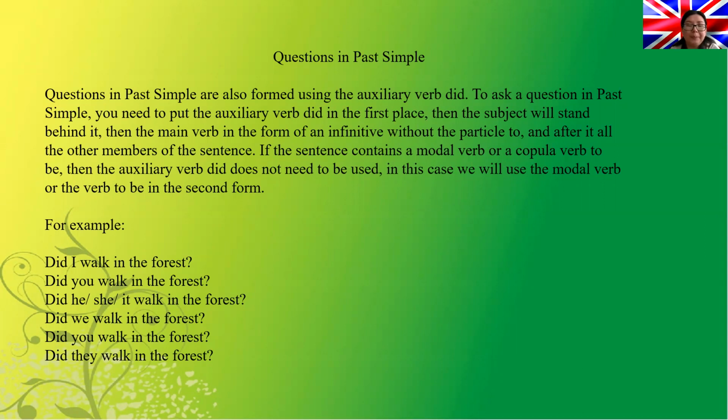For example, did I walk in the forest? Did you walk in the forest? Did he, she, it walk in the forest? Did we walk in the forest? Did you walk in the forest? Did they walk in the forest?